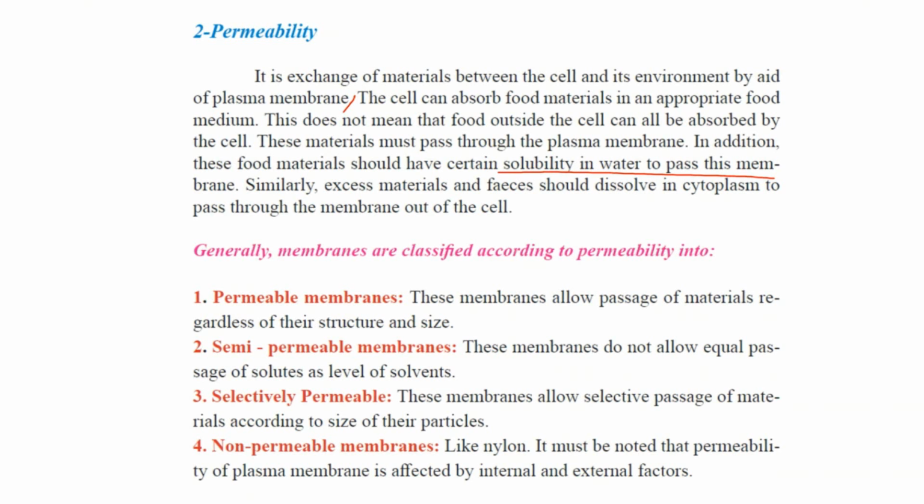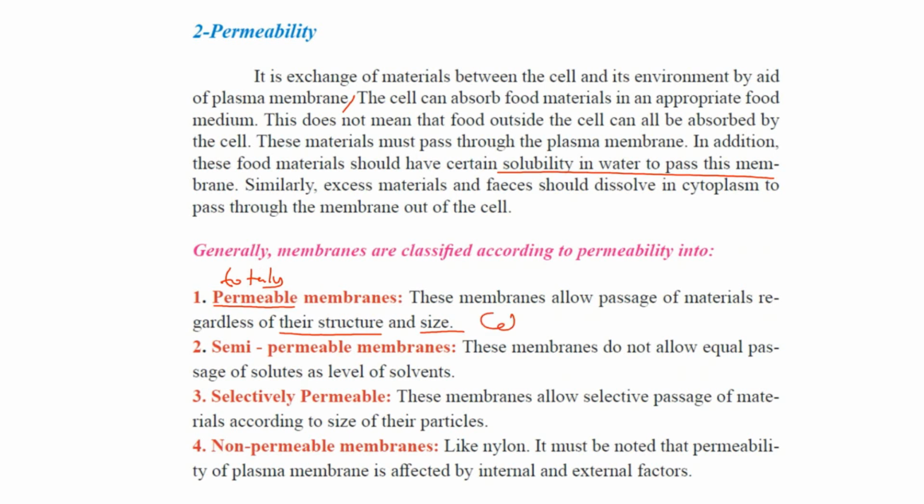Membranes like the cell wall have big pores, so big or small, charged or uncharged material, in lipid structure or in different structure, can pass through this membrane, so we call them permeable or even totally permeable membranes. An example is the cell wall.